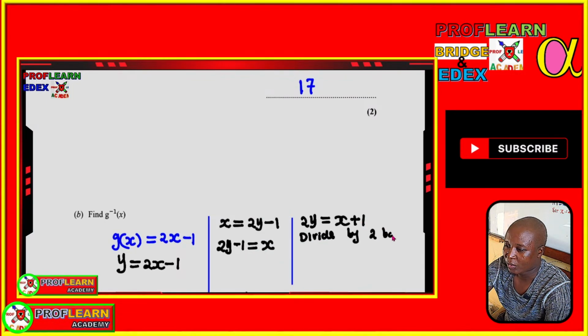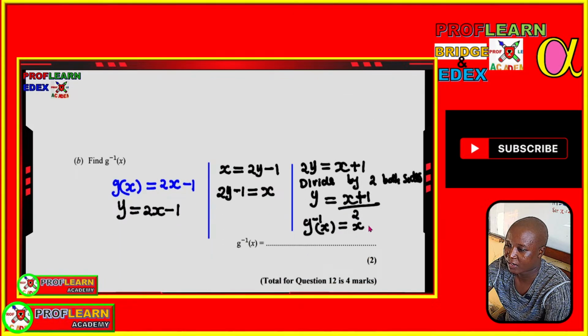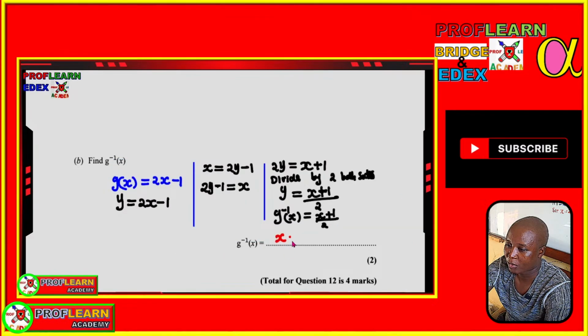Rearranging this, we have y is equal to (x plus 1) over 2 as the inverse function of g. So working it out, we can substitute and replace our answers here so that we can move to the next part.